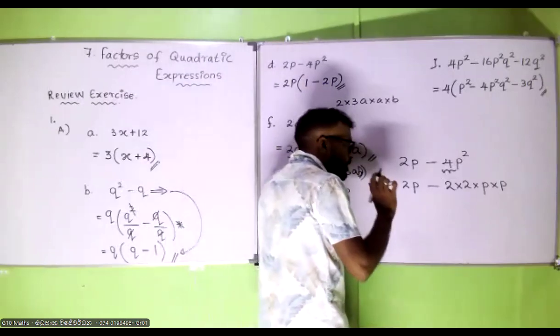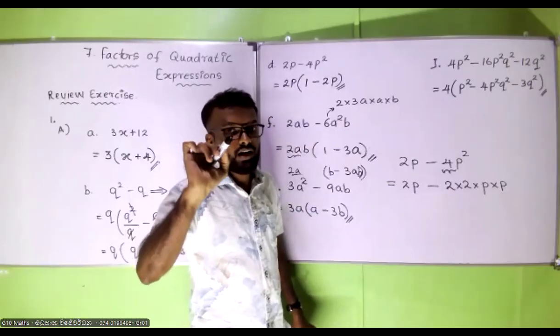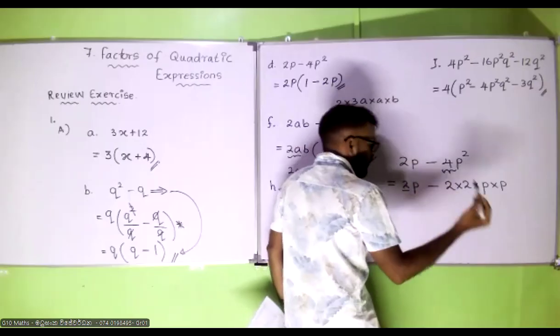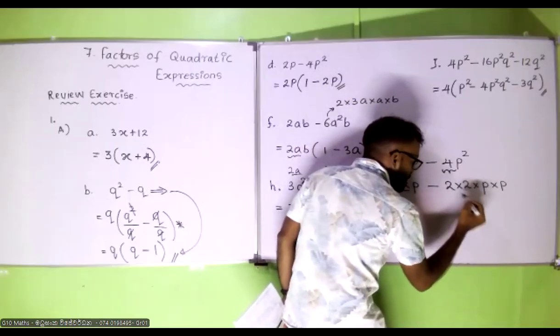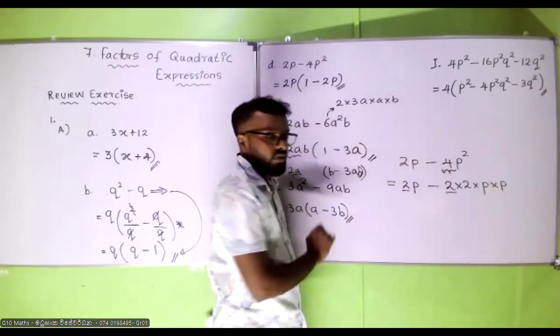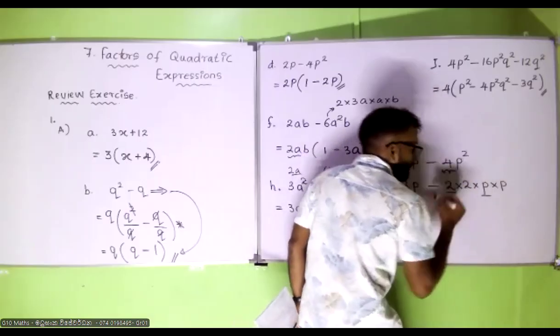So, by looking at this, now you are taking your pencil and you are going to highlight the common terms. 2 is a common term, and from these two there are two 2's. So one of these is common with this one, and the terms p and p.